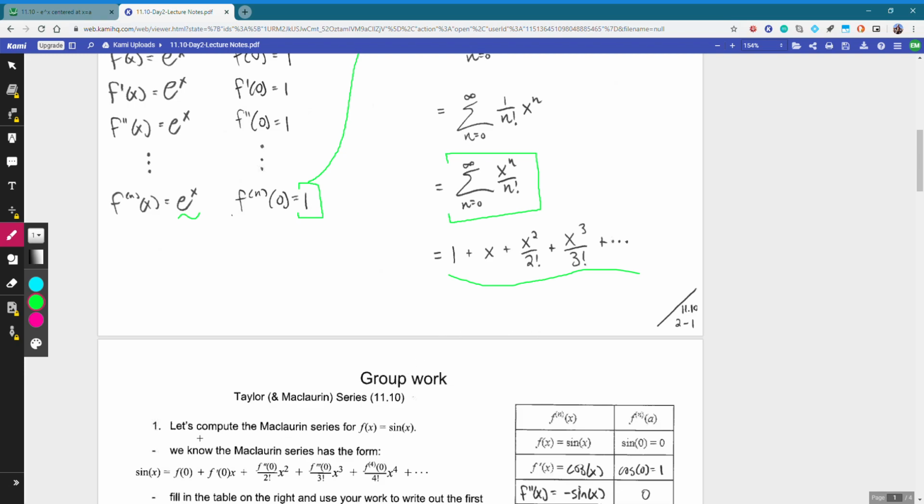Just a quick reminder here. The first problem up here says compute the Maclaurin series for sine of x. Maclaurin series, all that means is we're looking at a Taylor series with center 0.